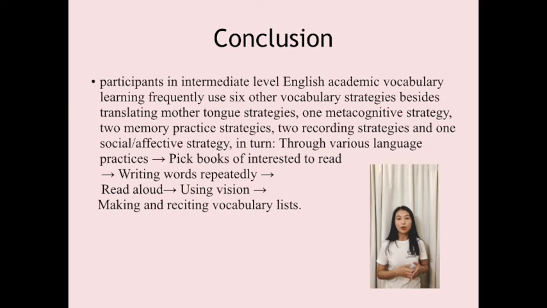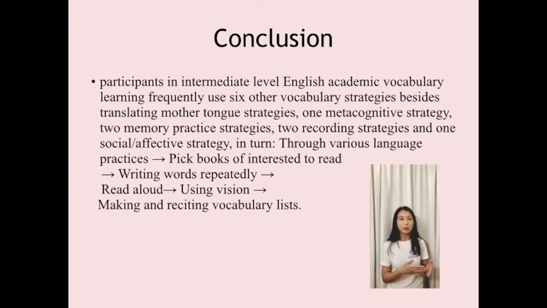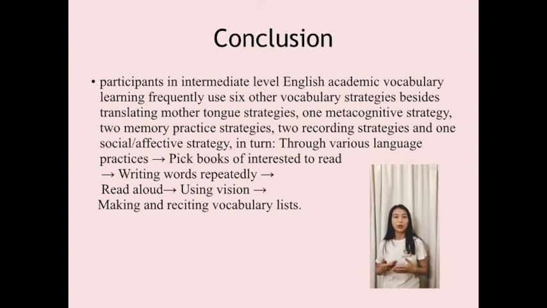The main reason was they couldn't find good or suitable strategies for themselves, and the lack of environment to learn academic vocabulary, or there is a misunderstanding of academic vocabulary. The 6 most common strategies analyzed from the participants in the survey are 1 metacognitive strategy, 2 memory practice strategies, 2 recording strategies, and 1 social emotional strategy.